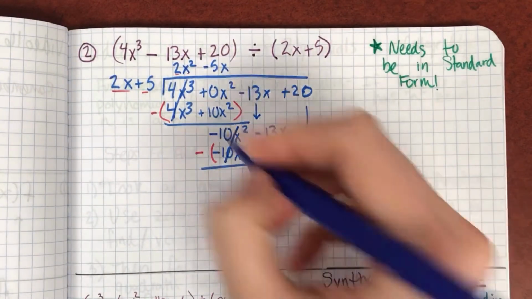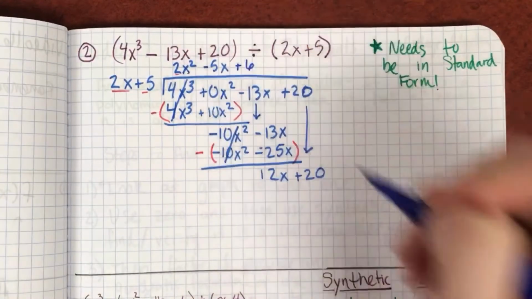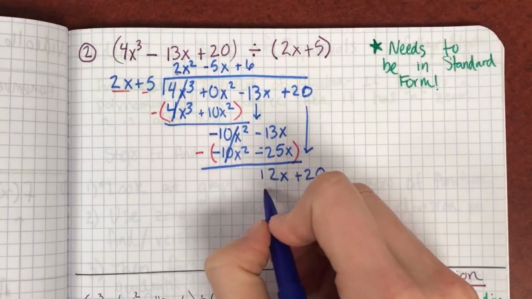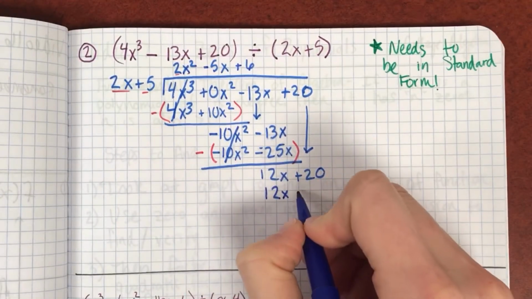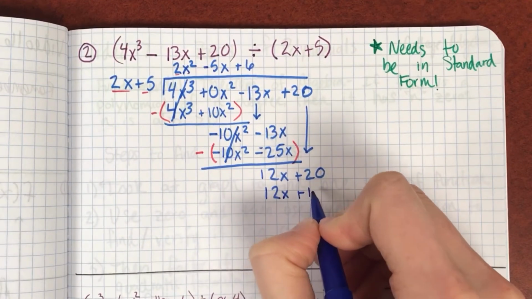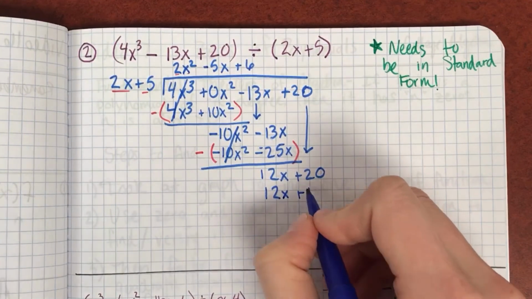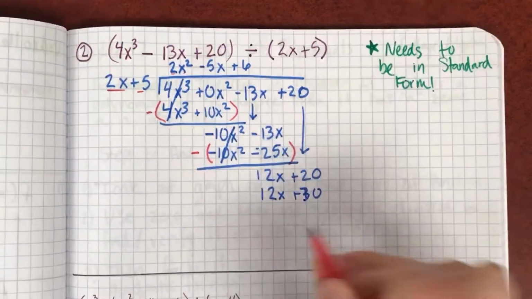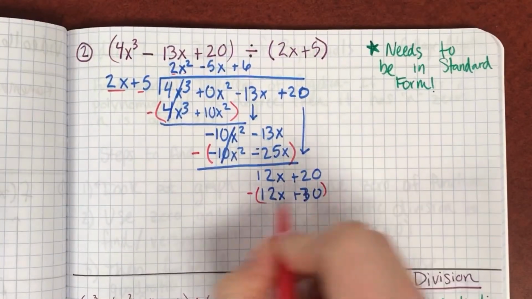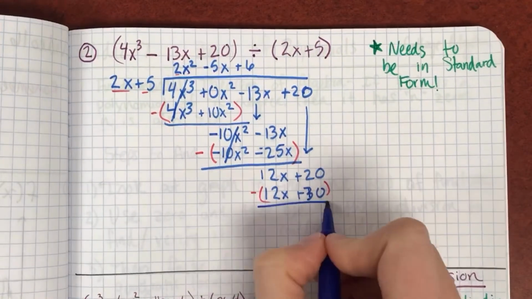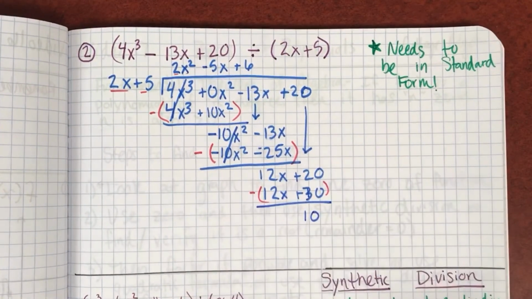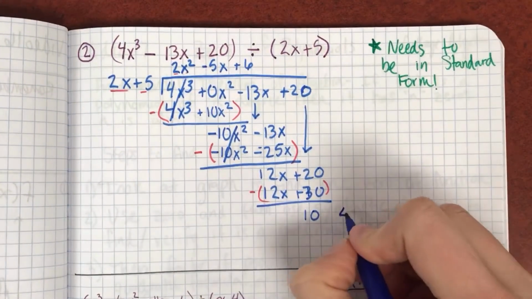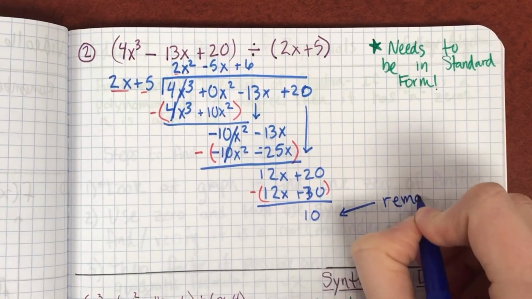So now we've got plus 6, and that would give me 12x plus 30. When I subtract this, I'm going to be left with 10. That is my remainder. All right, and that is what is left over.